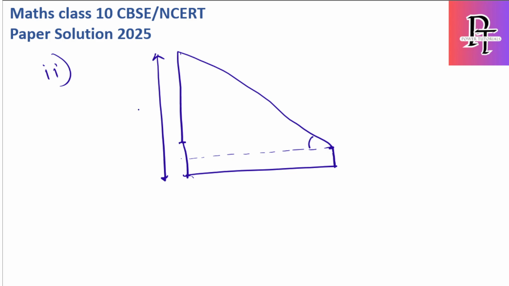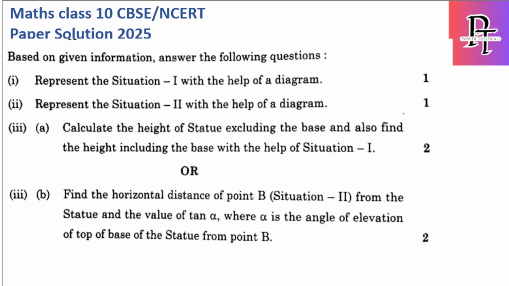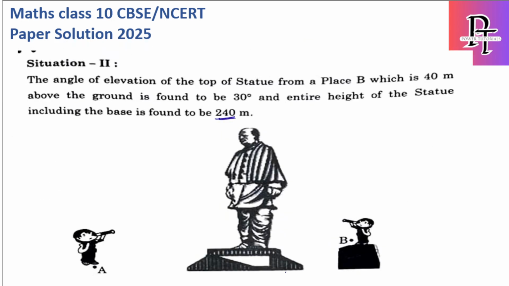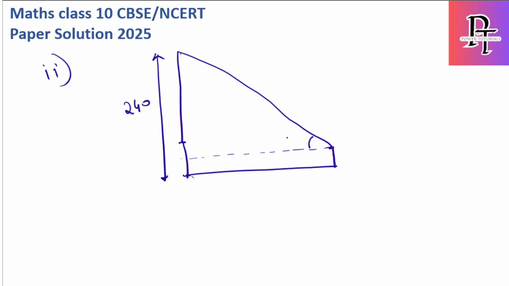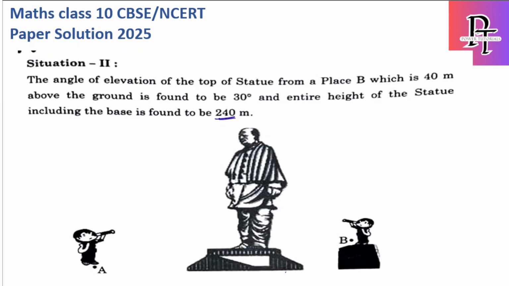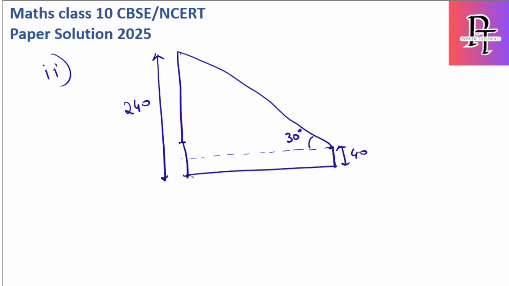Total height is 240, and the angle is 30. So this angle is 30. So this is situation 2. Because the observer height, we have the height. Okay, this height is also clearly mentioned in situation 2. What is the height? 40 meters. So this is 40.